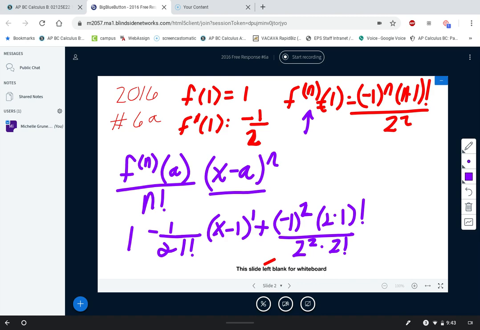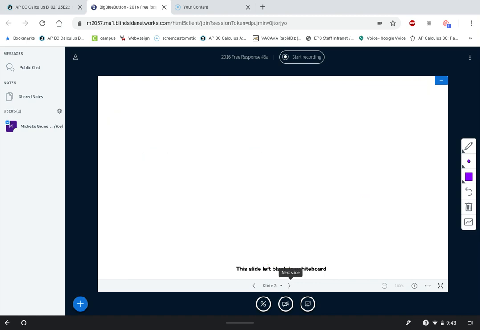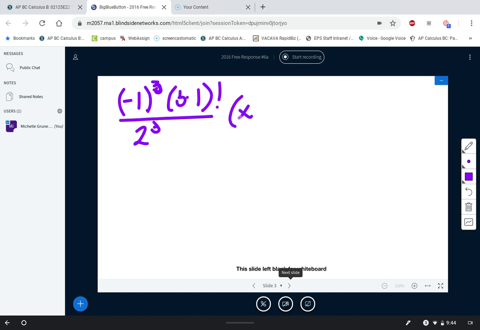Continuing on, the next term would be putting in 3. So I have negative 1 to the third. Again, I could just write that as negative 1. And I have 3 minus 1 factorial, which would be 2 factorial, over 2 to the third times x minus 1 to the third.